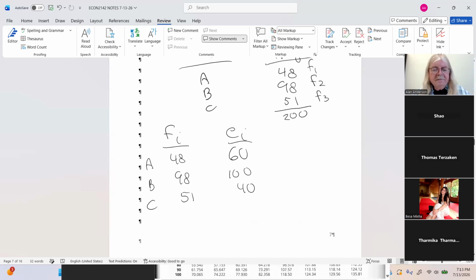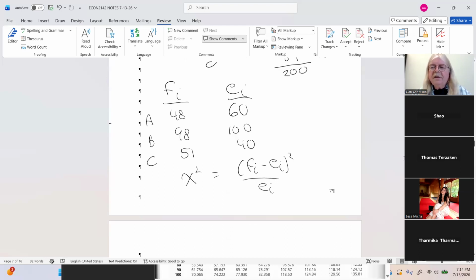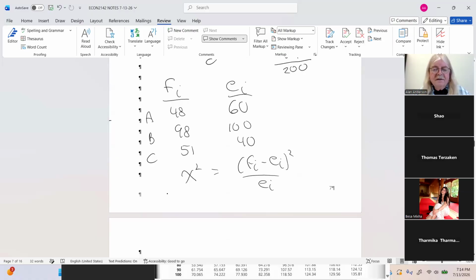And the test statistic, remember, so here's what we're going to do. We're going to enter these data into lists.